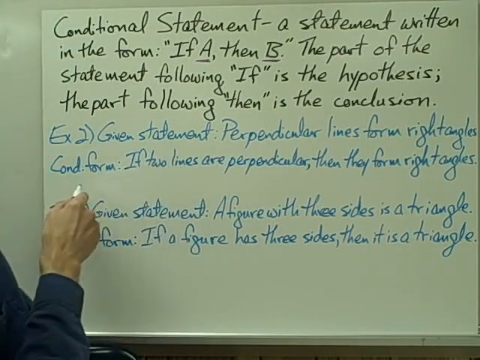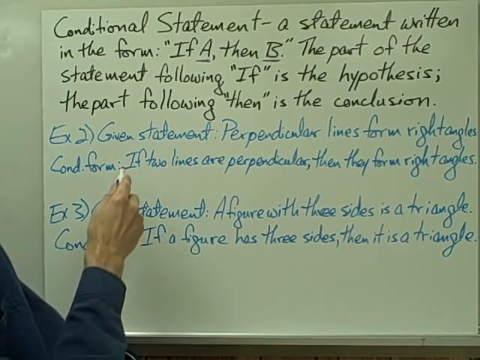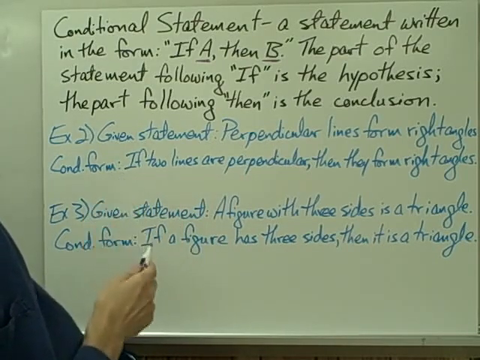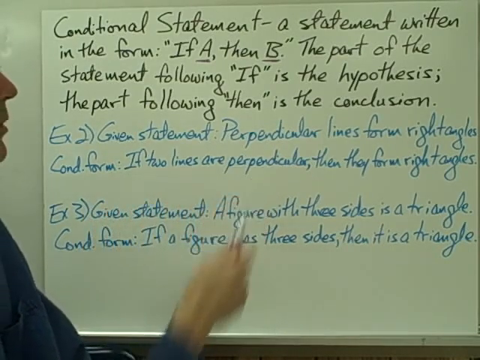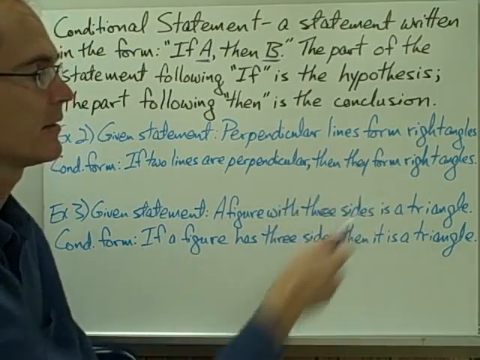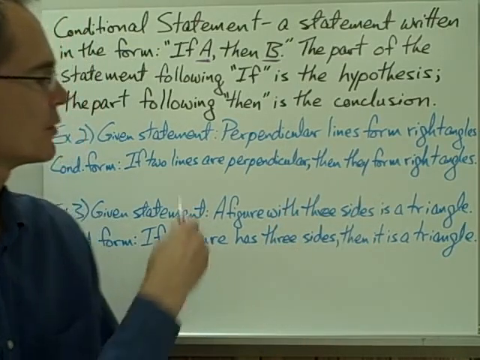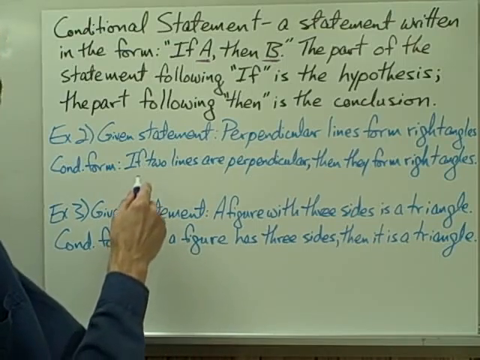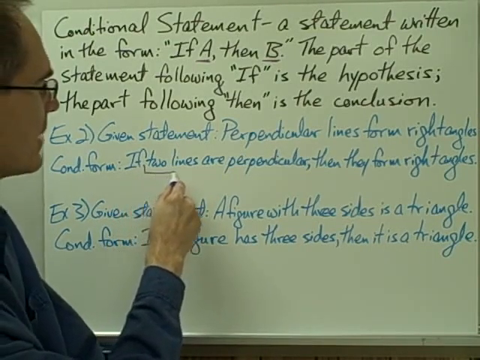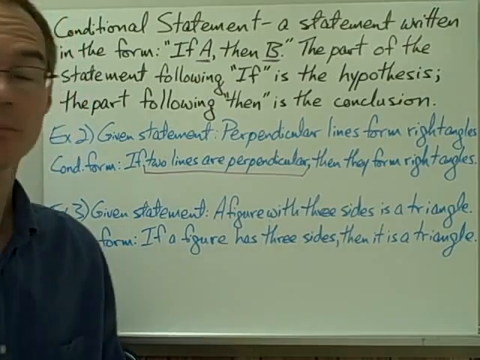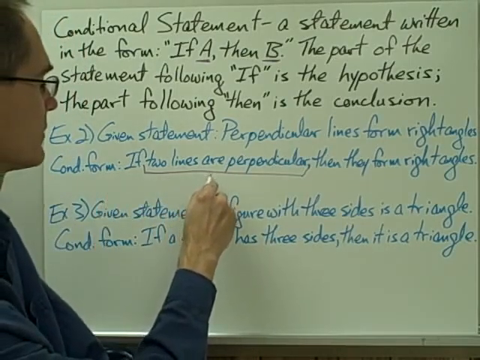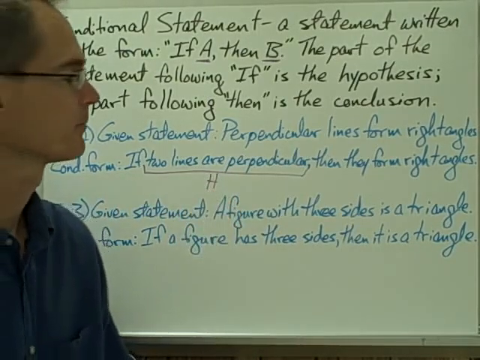And if we take this statement and put it in conditional form, which means if-then form, then we would say if 2 lines are perpendicular, then they form right angles. So it's in if-then form. Now we can identify the hypothesis, which is the part of the statement that follows the word if. So this is the hypothesis.